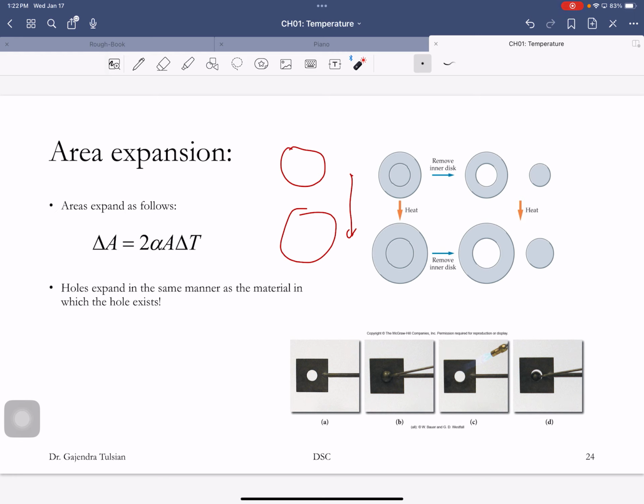Here is an interesting application in aeronautical engineering. The fuselage of planes is made of, what's the fuselage made of? Aluminum. Aluminum is pretty soft, and you've got to screw these panels together.